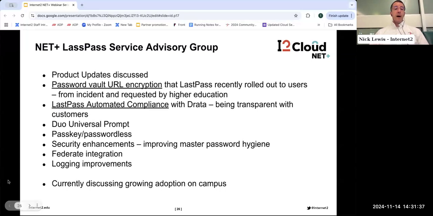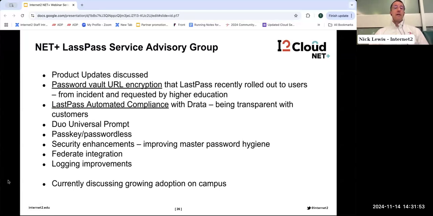So I'm talking a little bit about some of the product updates that we've talked with LastPass about on the advisory board. Coming out of the incident, one of the changes that campuses and many customers requested was password vault URL encryption.